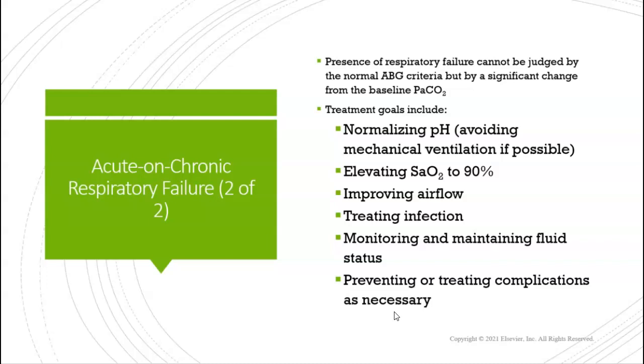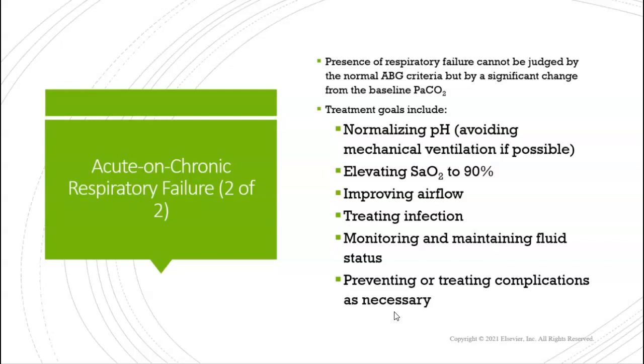Always, always, always, we are looking to normalize the pH, not the CO2. If my goal is to normalize the CO2 in a patient who chronically has an elevated CO2, I can make them do whatever I want on the ventilator. But I have no control over how much bicarb the kidneys retain.